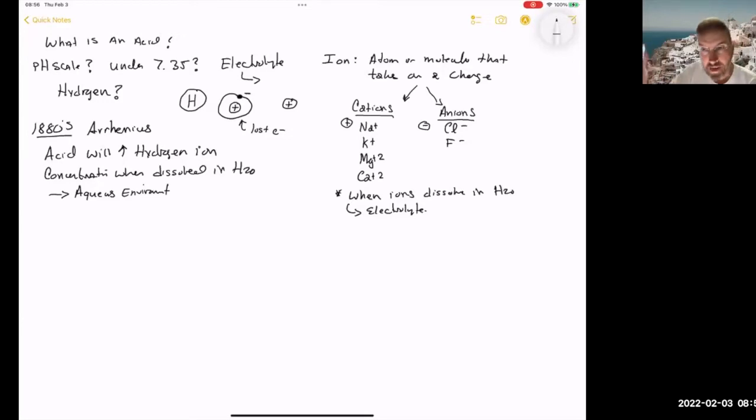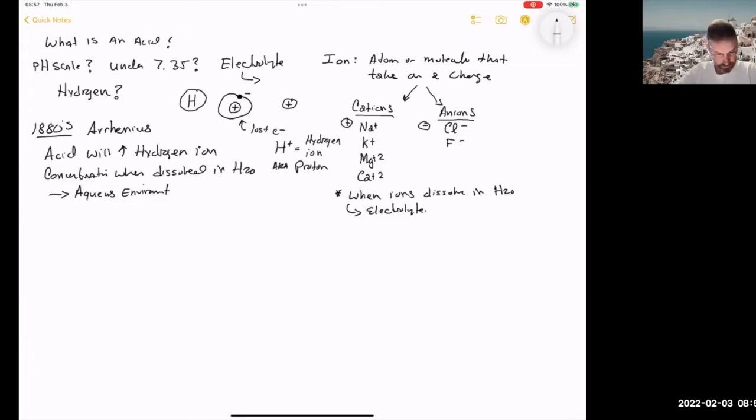It's ionized hydrogen. We often symbolize this with an H plus. H plus equals hydrogen ion, also known as a proton by itself. These are all equivalent statements. So an acid will increase hydrogen ion concentration when dissolved in water.